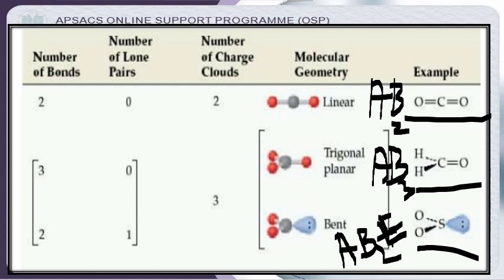Similarly, in methanal or formaldehyde, the arrangement is of AB3 type, in which the central atom is C, which is linked with 2 hydrogens and doubly bonded with 1 oxygen. As I told you earlier, a double bond or triple bond will be considered as a single bond when it is between 2 similar atoms.